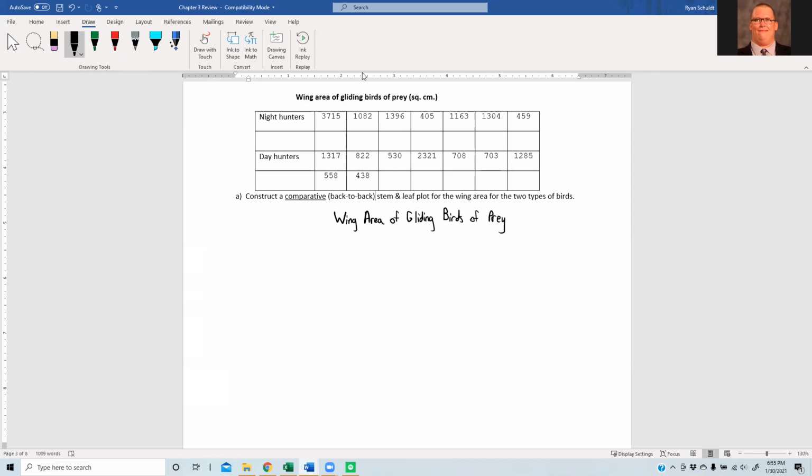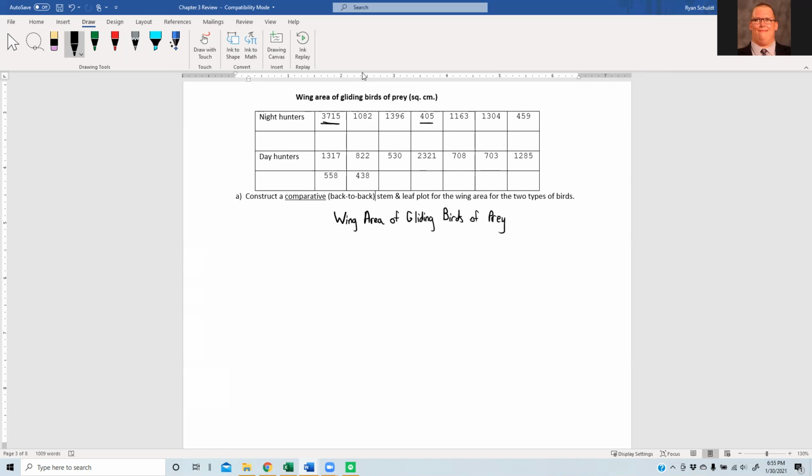Now, if we look at our data here, we see some that go as high as 3715. Others are as low as, I think, 405.